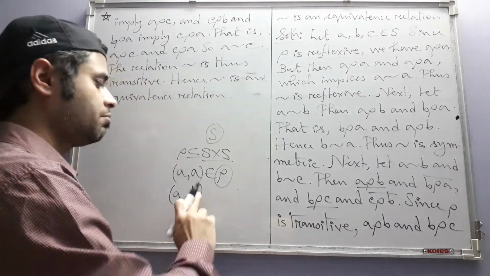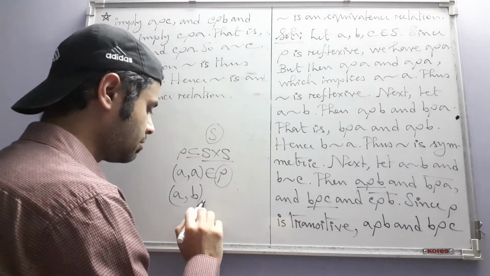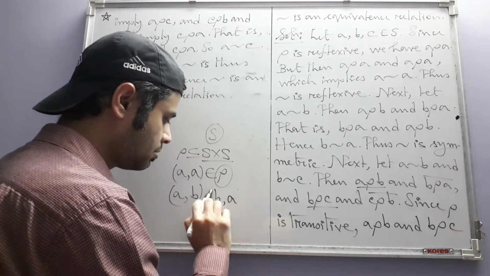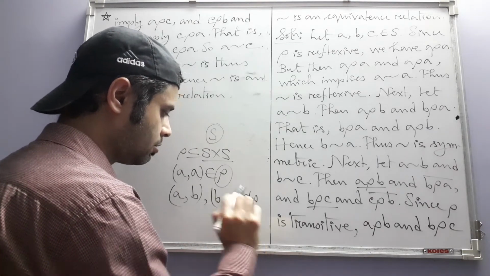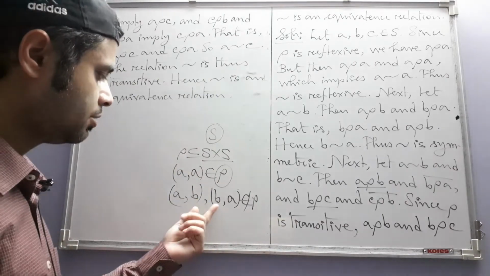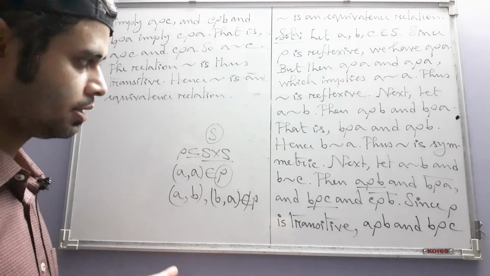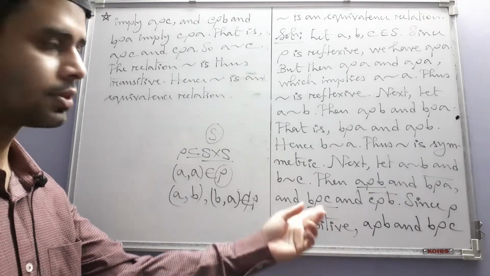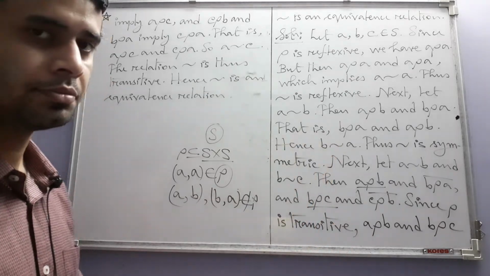If (a, b) is in rho but (b, a) is not in rho, now in your new relation you need this to make it symmetric. That's what we have done when we defined tilde.